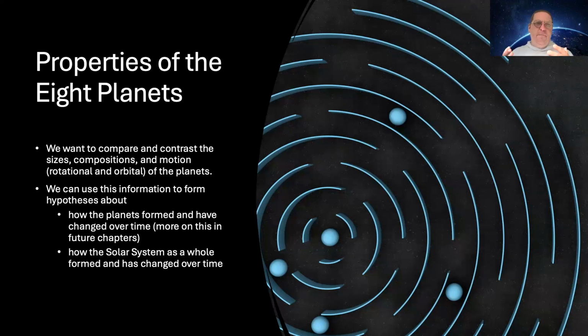And we'll talk about later that these planets actually have iron, nickel, and a whole bunch of lighter elements in them. But on average, these four interior planets have densities of around 5.5.